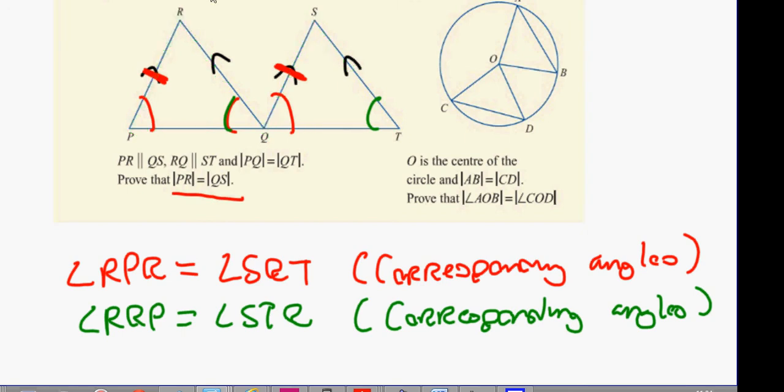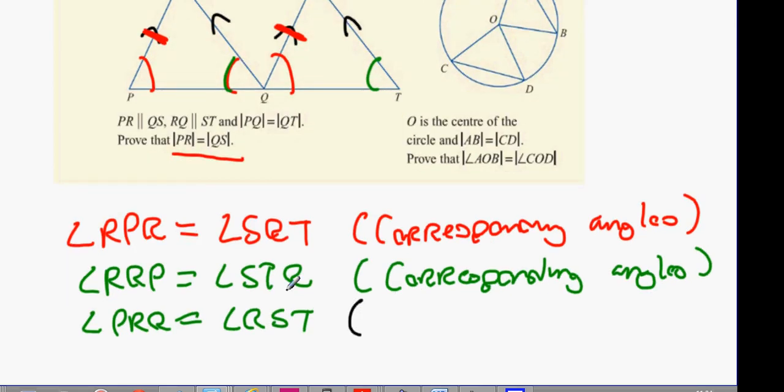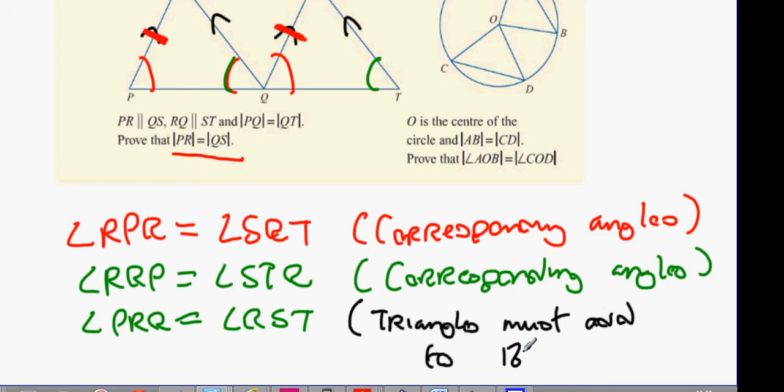Can anybody tell me why angle PRQ has to equal angle QST? What is the reason? Triangles must add up to 180 degrees.